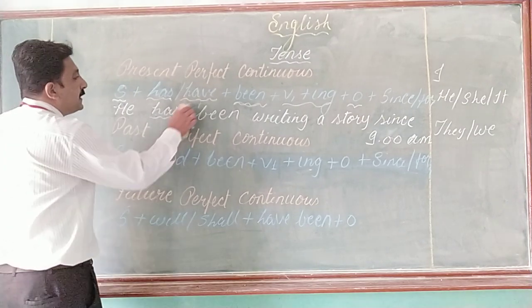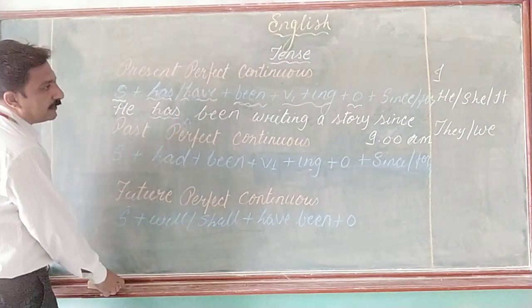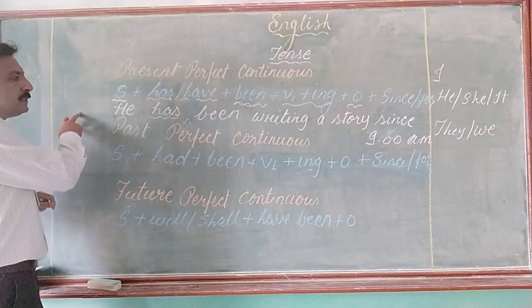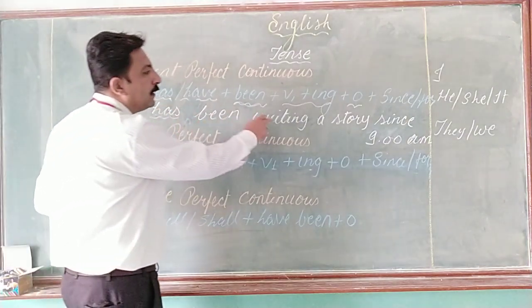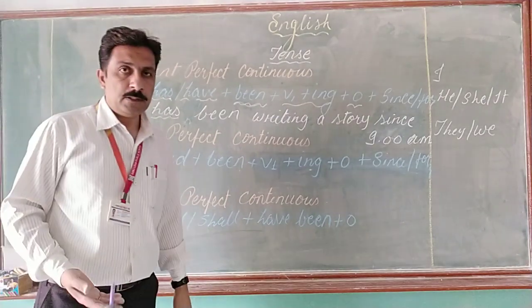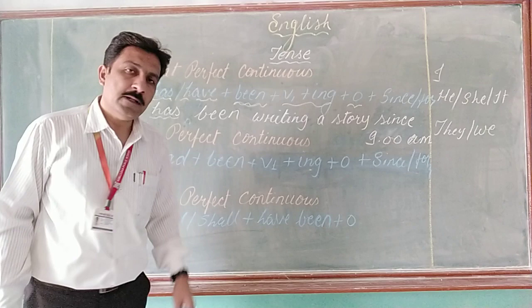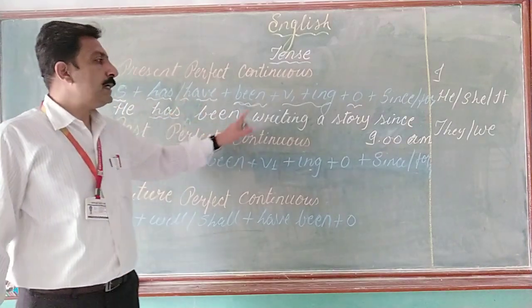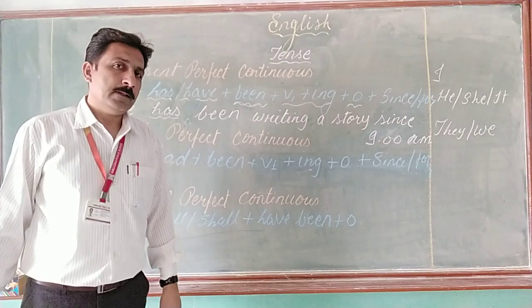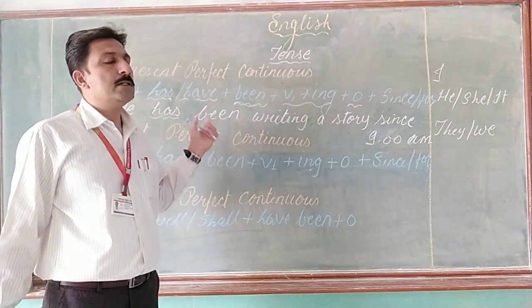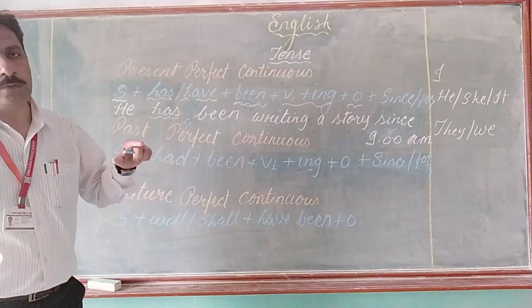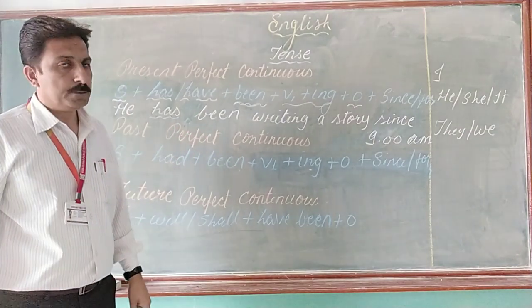So, my sentence is: he has been writing a story since 9 a.m. For has, we will write here: Has he been writing a story since 9 a.m.? This is my question. This is an interrogative sentence. This is the way we can change the sentence from affirmative to interrogative or to negative.